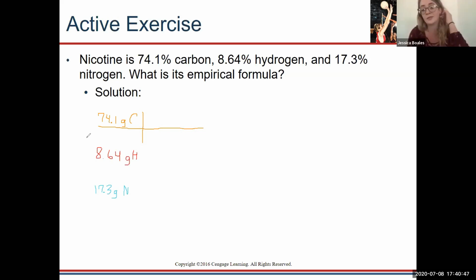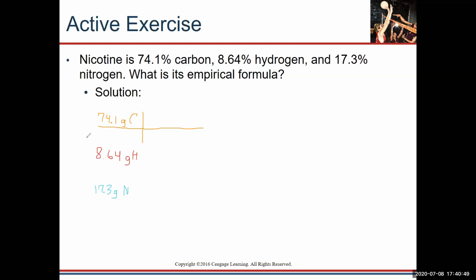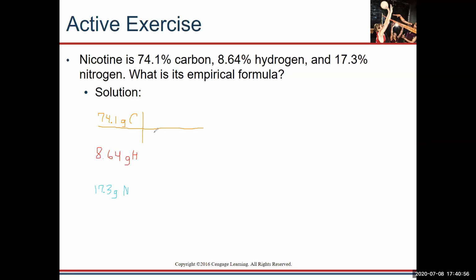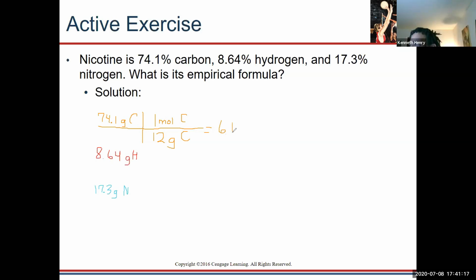You divide it by, yeah, you put the atomic mass on the bottom, right. Okay, so what is the atomic mass of carbon? 12. And it equals 6.17.